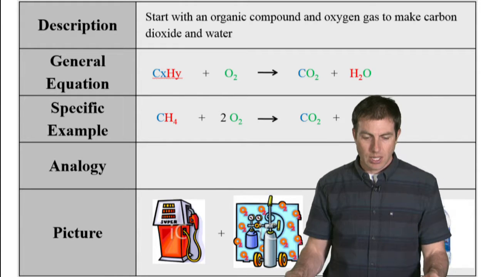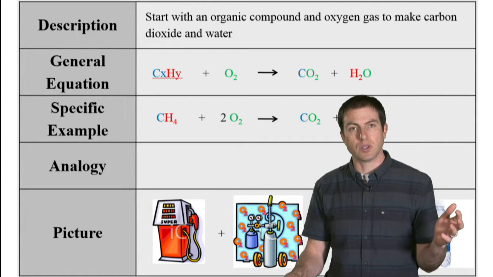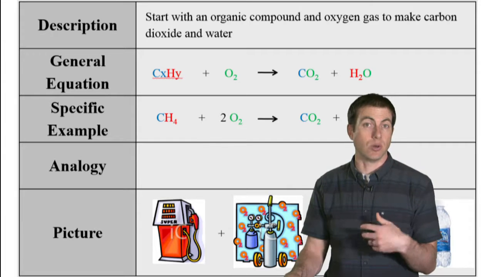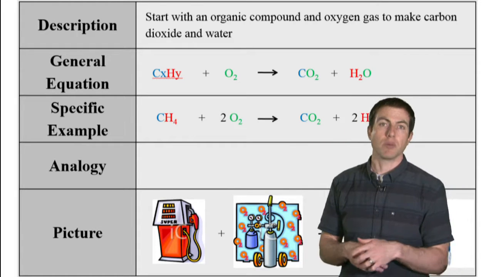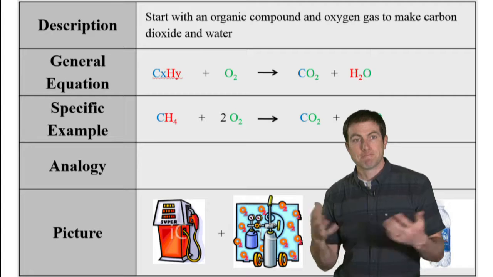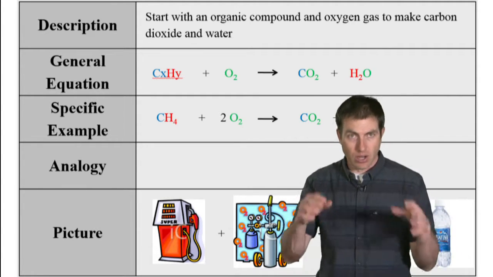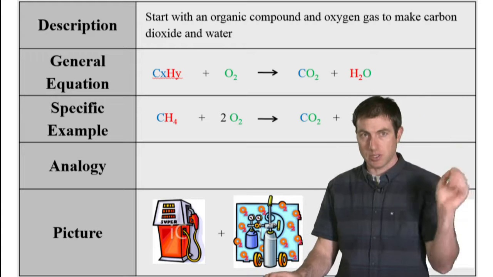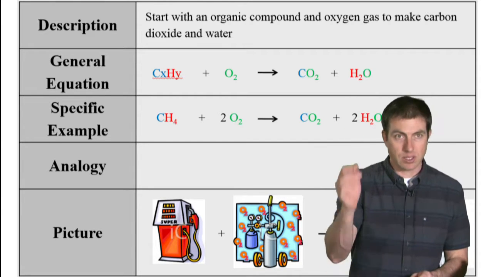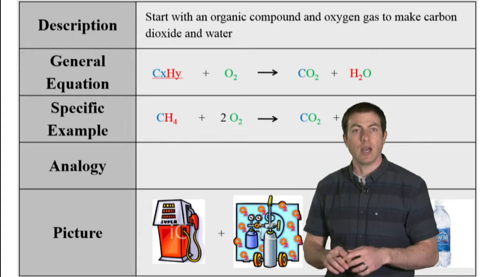That's what's produced. It doesn't matter what hydrocarbon you start with. Anytime you burn a hydrocarbon in the presence of oxygen, you're going to have CO2 and H2O. So even for the general equation, just generally speaking, these are the things, CO2 and H2O, that you're going to produce 100% of the time.